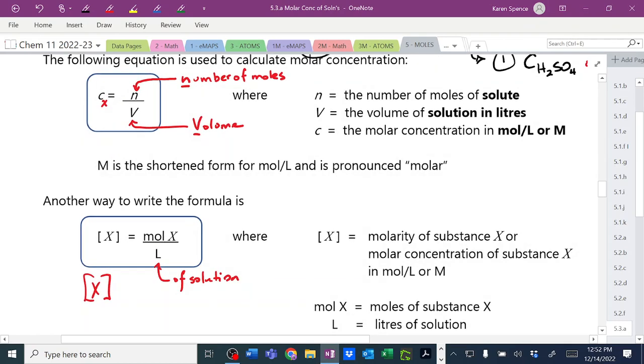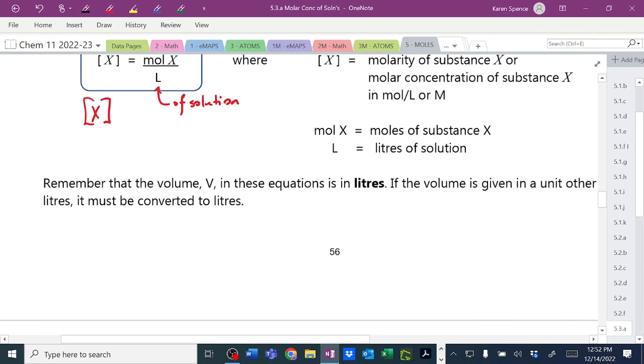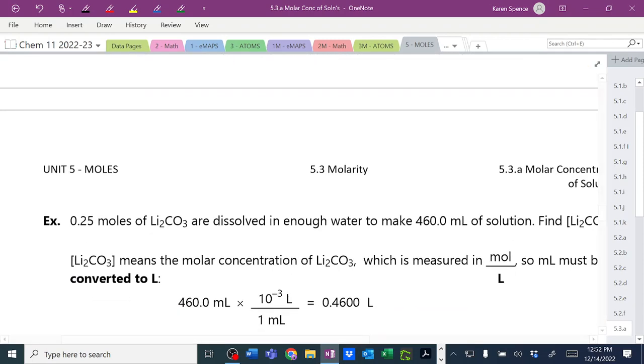So actually calculating a molarity, calculating a molar concentration, calculating the moles per liter is really simple because all you take is one number and divide by the other number. It's just a matter of knowing when to use the square brackets and what all the words mean and all of that kind of stuff. The math itself is simple, simple, simple.